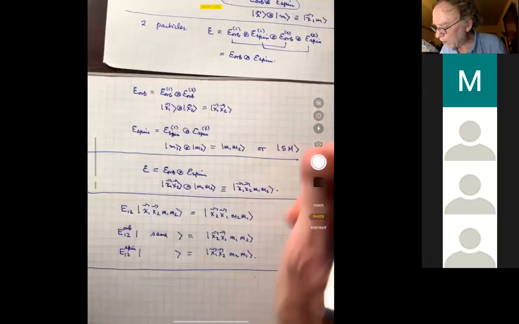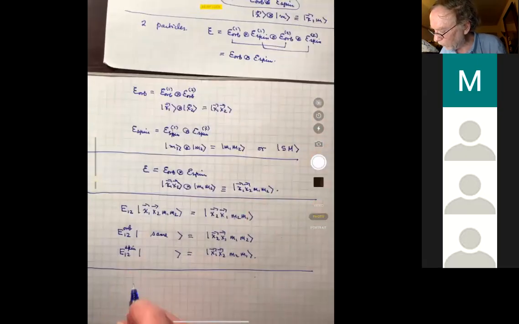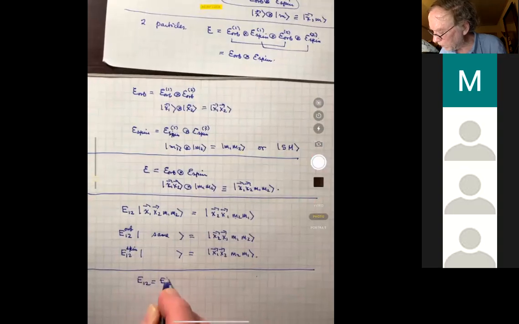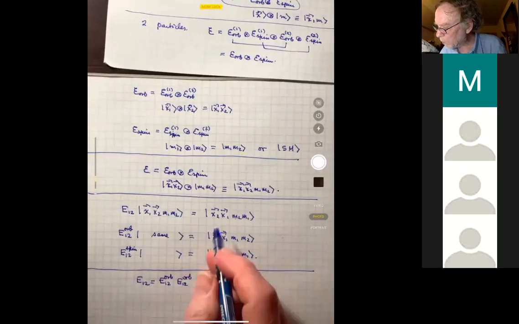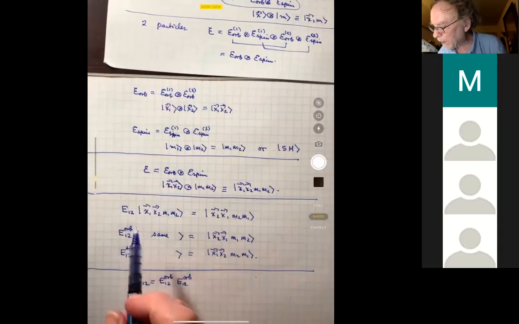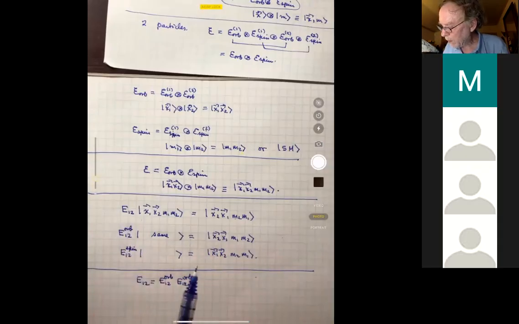Now, it also happens to be a fact, as you can see by looking at these formulas, that the total exchange is the product of the orbital times the spin. If you just do one after the other, you will end up swapping both the x's and the m labels, and that gives you the total thing. All right, so we have the following situation: our Hamiltonian commutes with E12 orbital, and our Hamiltonian commutes with E12 spin.